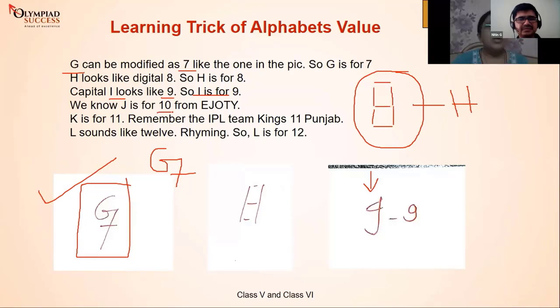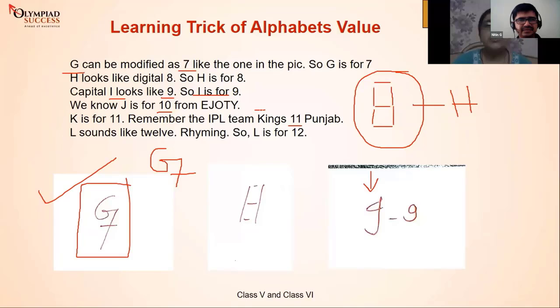Now, how many of you are fans of cricket? If you are, and if you see IPL, then I'm very sure that you can remember that Kings 11 Punjab is a team of IPL. And from this, I very well remember that K stands for 11, and so I can remember the place value of K to be 11.